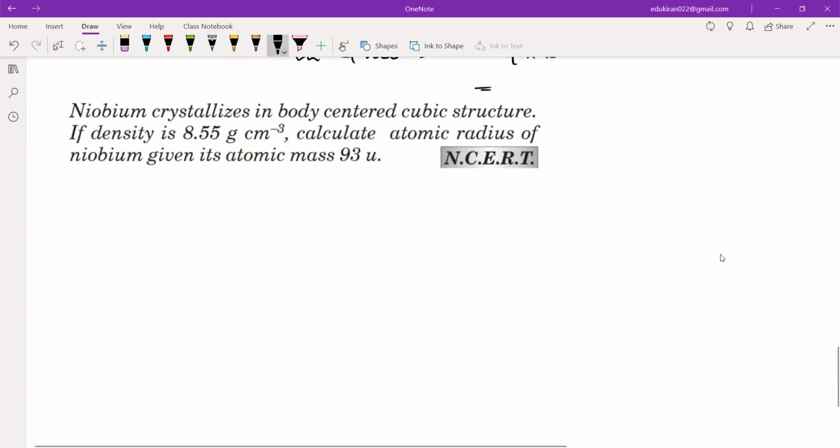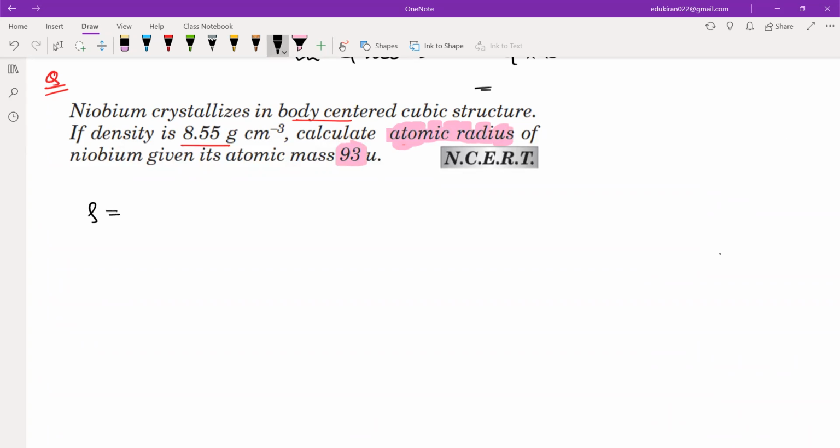We have discussed almost every type of question that can come under the topic of density. Now in this question, you have been given the density of the unit cell. You have also been given Z through this body centered cubic. You need to calculate, and this is important, the atomic radius of niobium, given its atomic mass is 93 AMU.